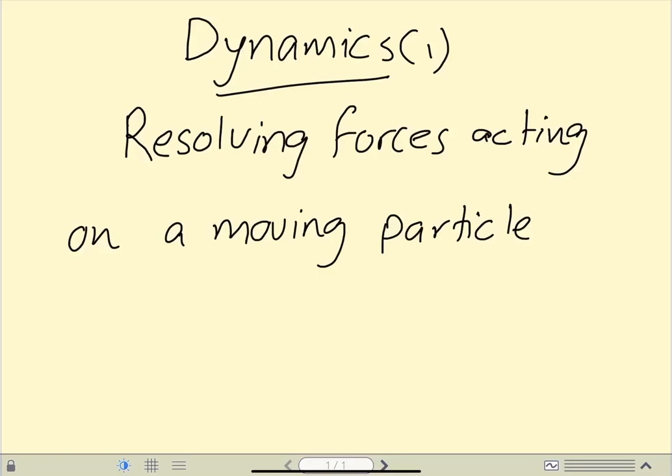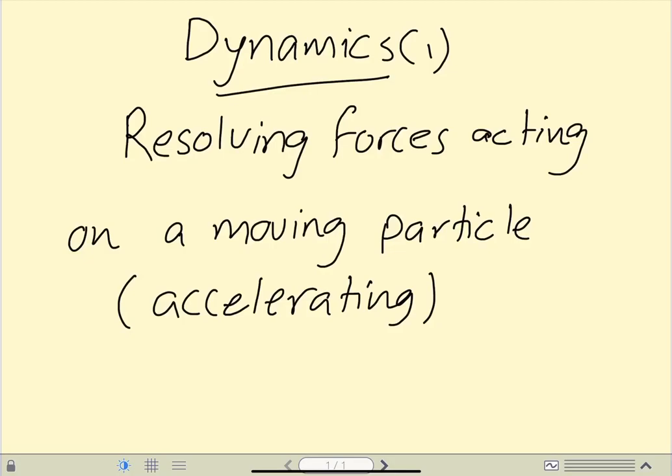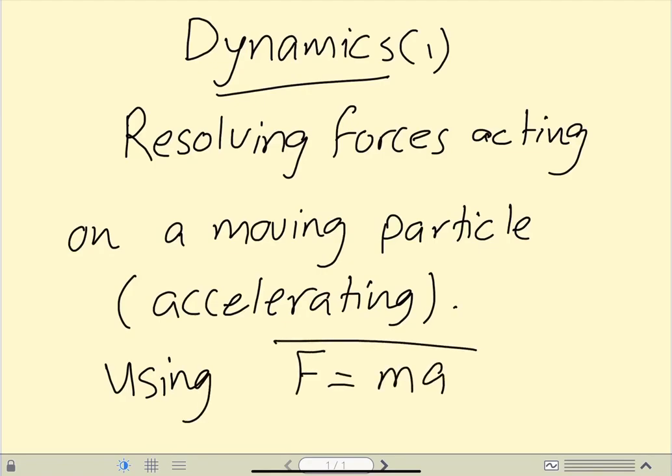Particle accelerating. Good. That will be studying now cases of motion. According to the case of motion, we'll be using Newton's second law, or the equation of motion, F equals ma.